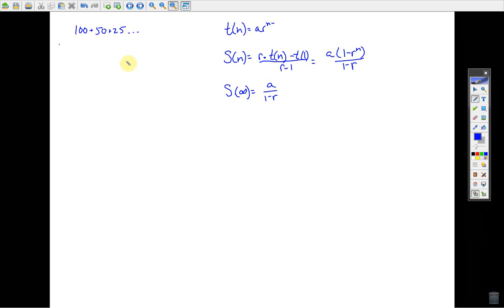I've started us off with this geometric series, 100, 50, 25. So we should be able to see pretty quickly that the common multiple here is 1/2 or 0.5. So we're multiplying by 1/2 to get to the next step. Our first term, t of 1, is 100. To write the equation for t of n, we're going to use a times r to the n minus 1.